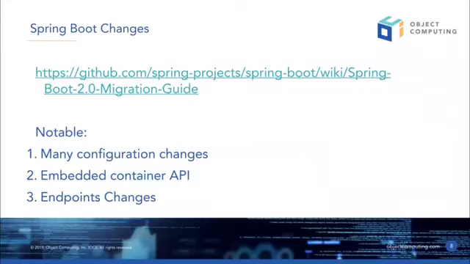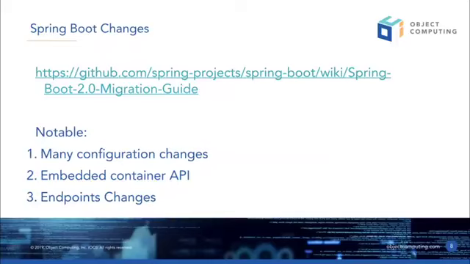There's been a bunch of changes in Spring Boot. One of them is configuration changes. A lot of configuration related to the embedded server has changed, both the configuration properties themselves as well as the APIs for dealing with embedded containers.